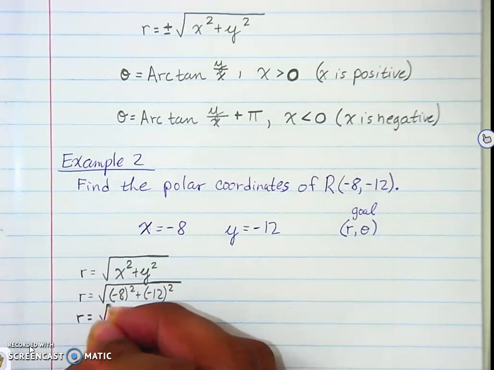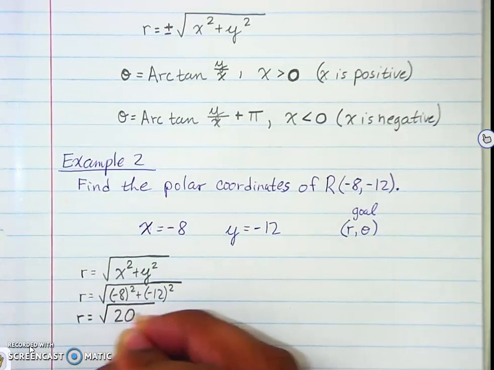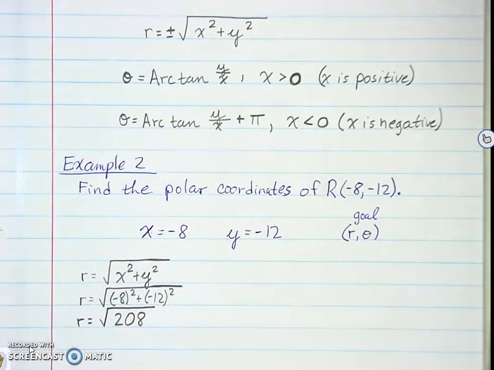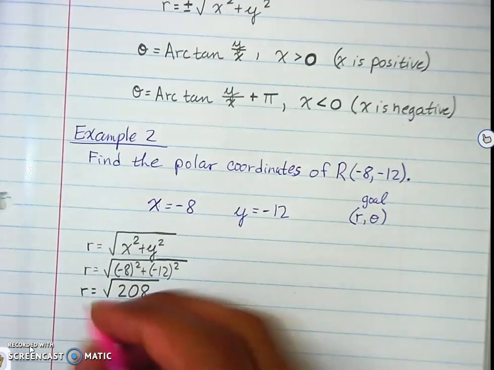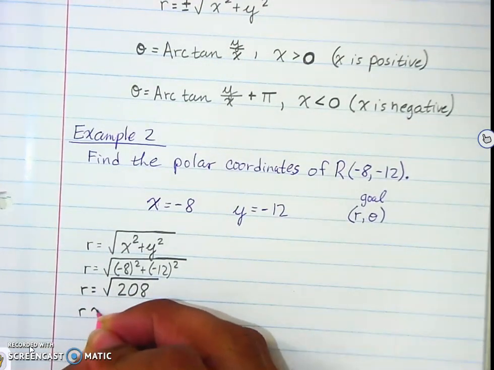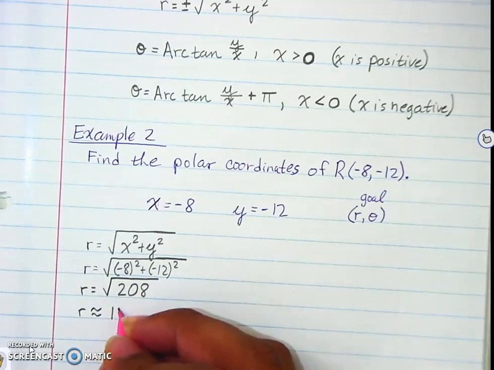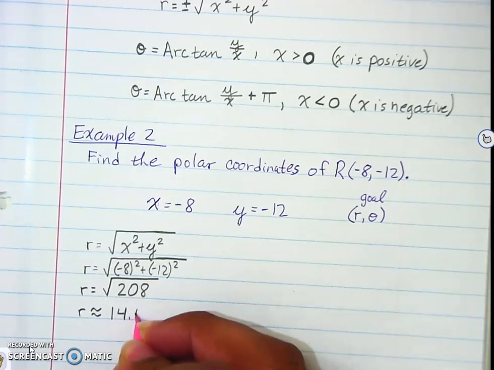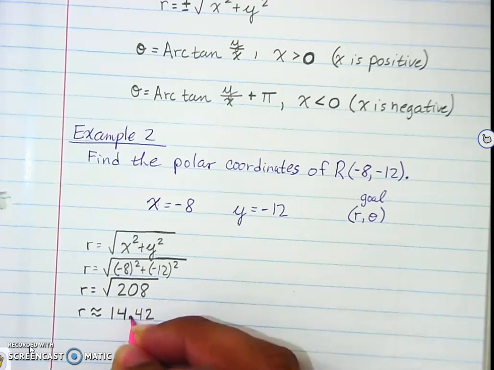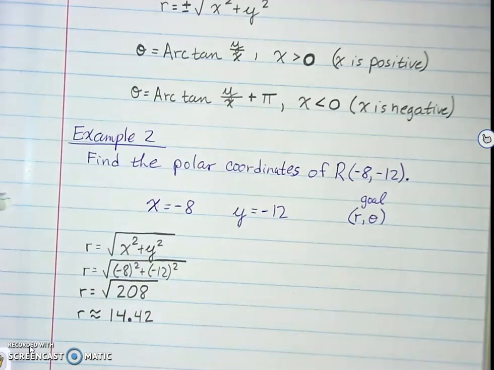So that'll give us a square root of 208. And then we're going to round this to give us our decimal answer, because it's not going to be a perfect square. So we're going to say this is approximately 14.42. So we do the approximate sign because it's approximate there.